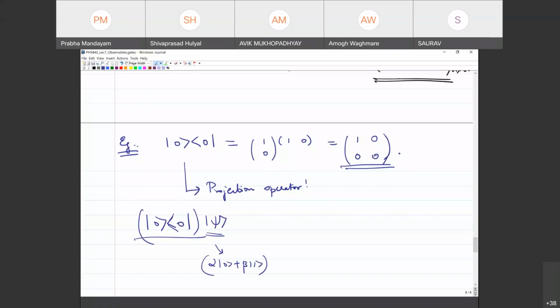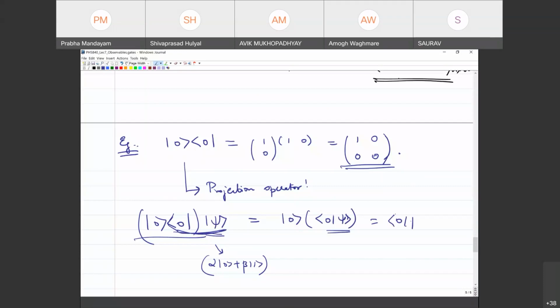So what does this give me? This part becomes an inner product, so this gives me the inner product of 0 with psi. But the inner product of 0 with psi is a scalar, so this is nothing but a number.